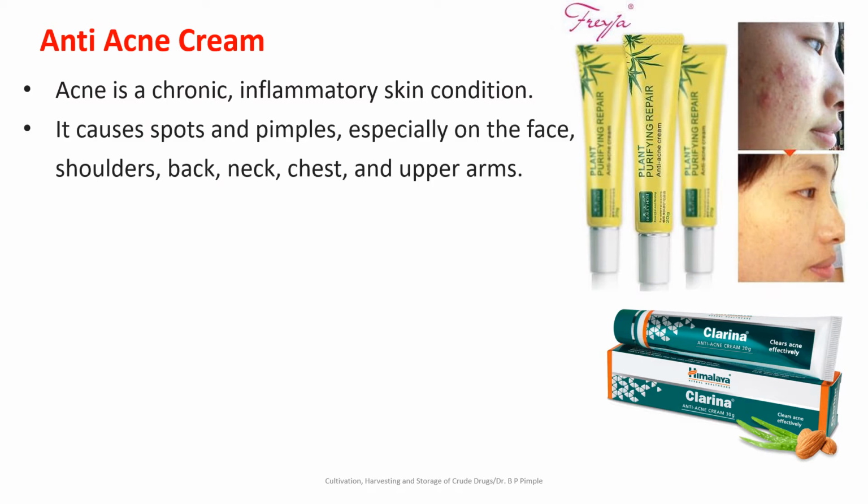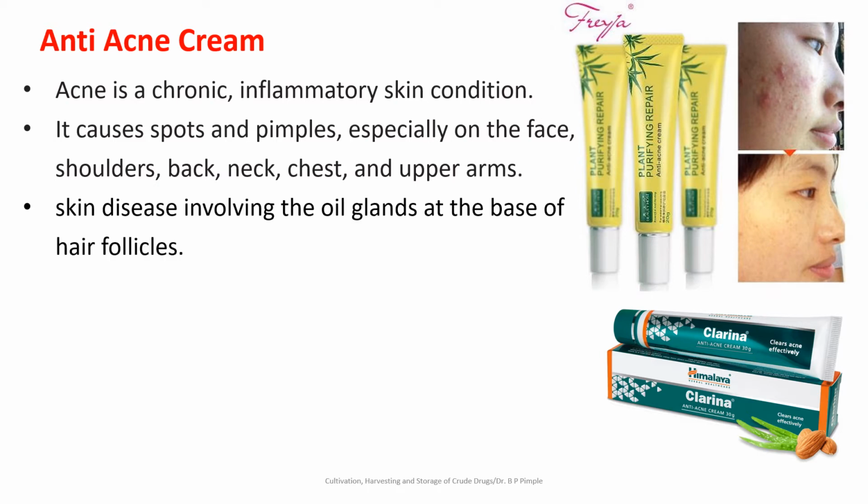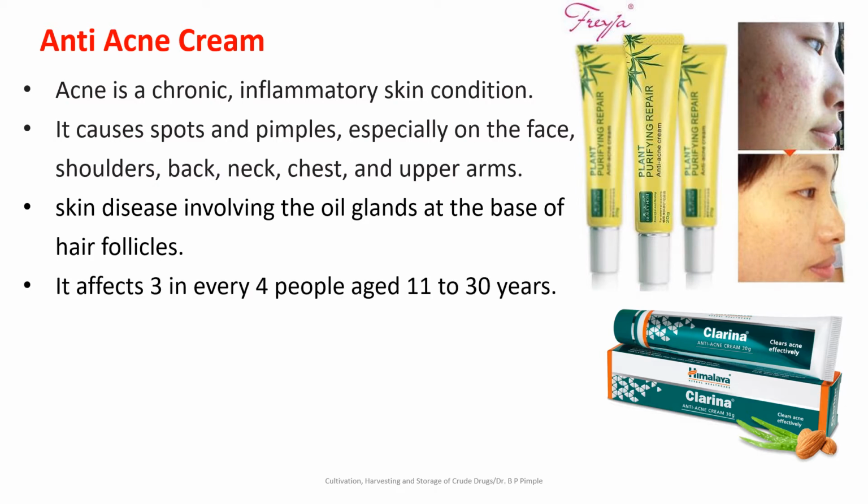Besides the face, acne may appear on the back, neck, chest, or upper arms. This is generally a disease related to the oil glands. So usually you'll find swelling or a lump at the base of the oil glands or hair follicle.